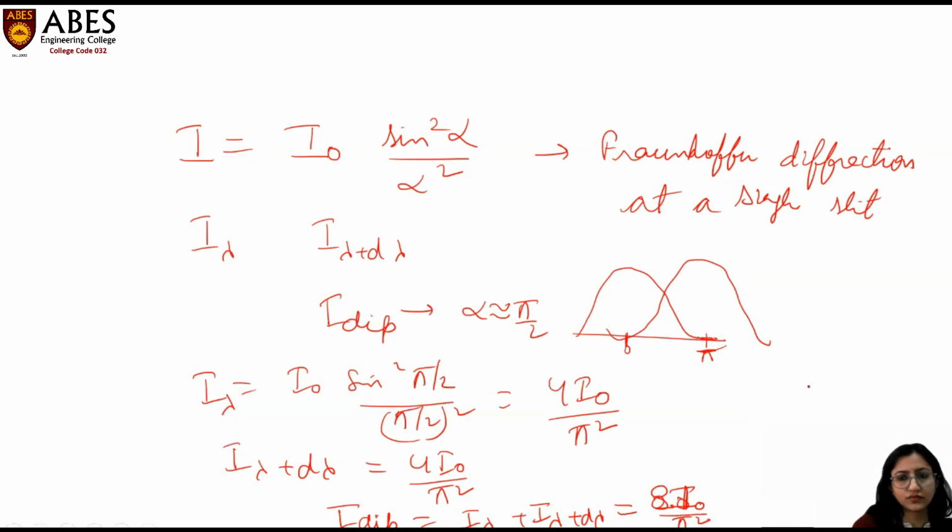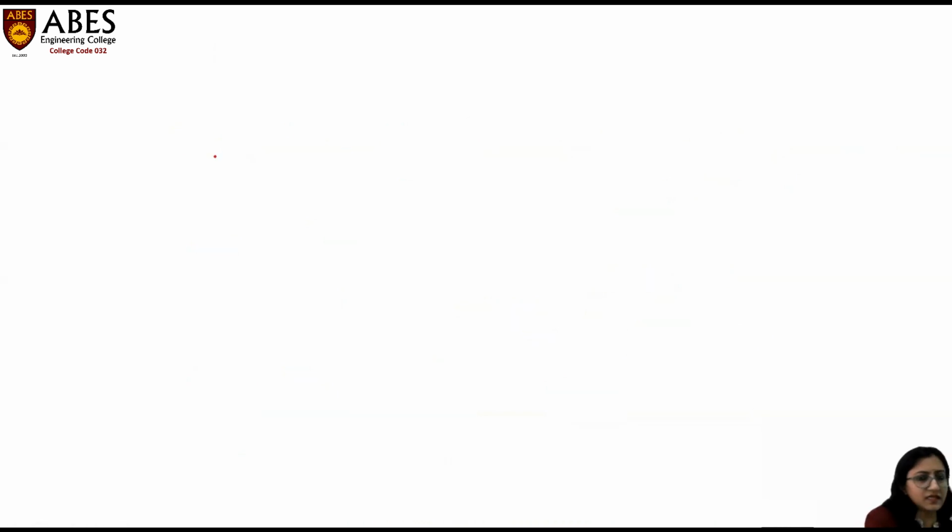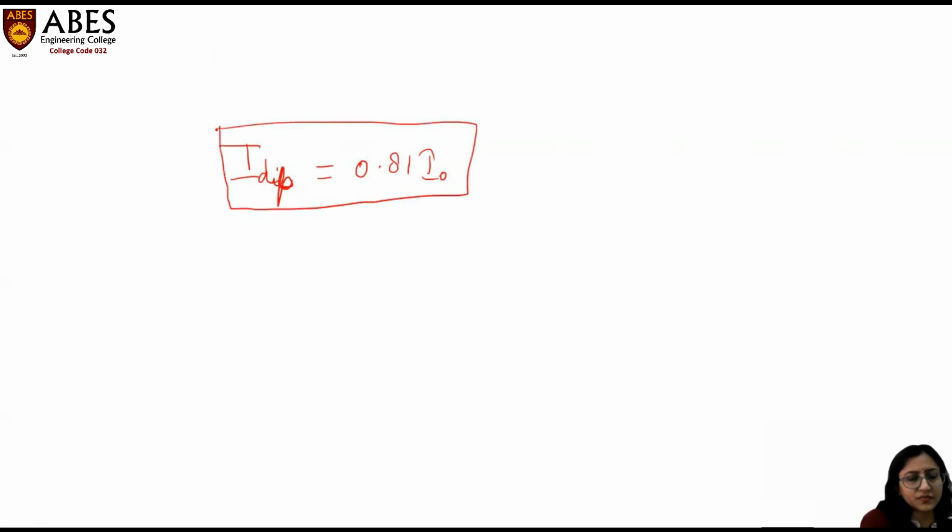So the resultant intensity at the dip is found to be 0.81 of the incident intensity I. Sometimes this expression is asked, and it is a very important expression.